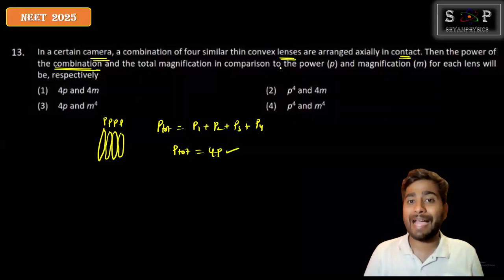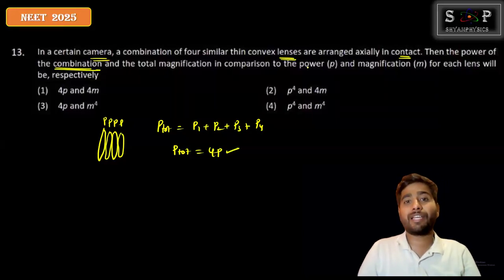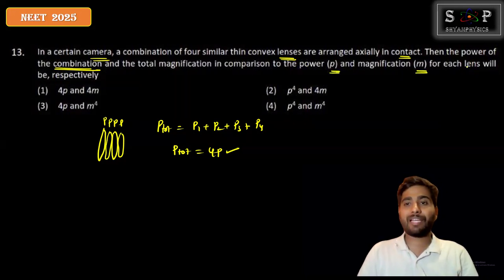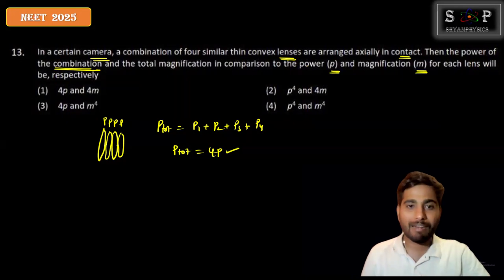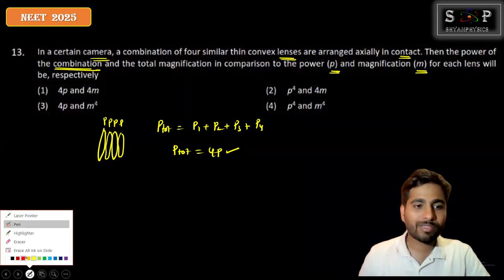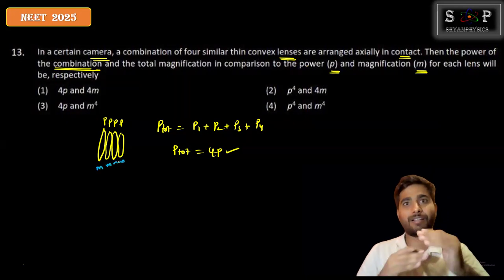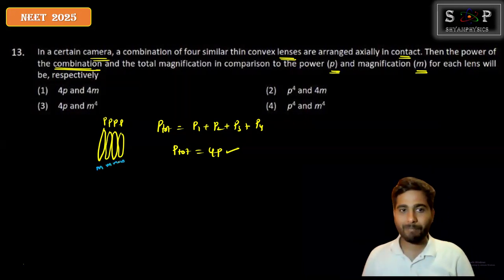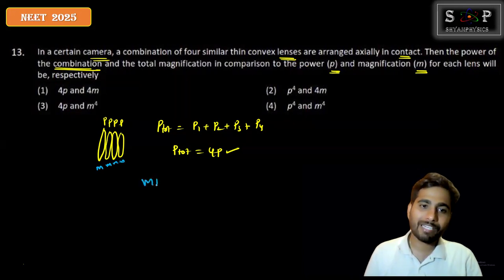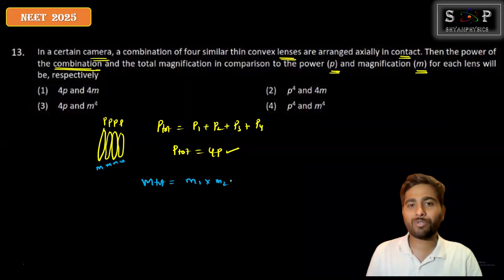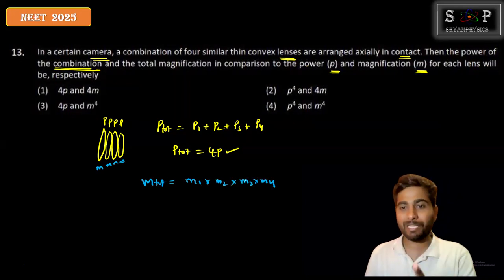Second, the total magnification of the combination. We know magnification means multiplying the magnified images. So to calculate the total magnification, I write M1 into M2 into M3 into M4. This is multiplication.